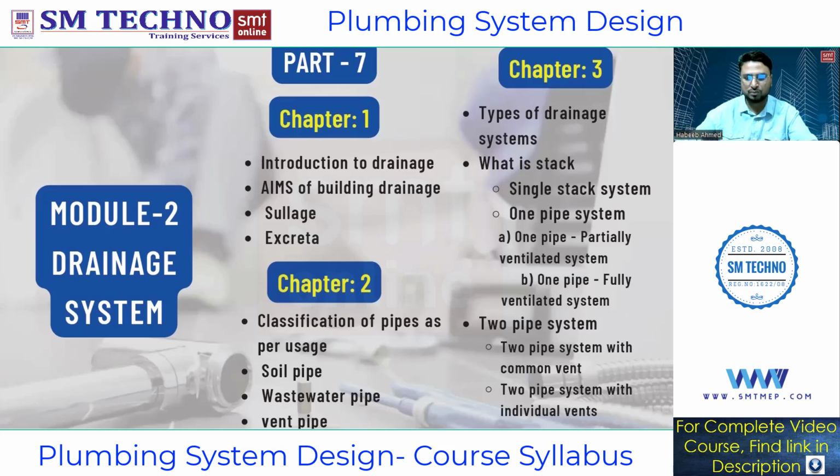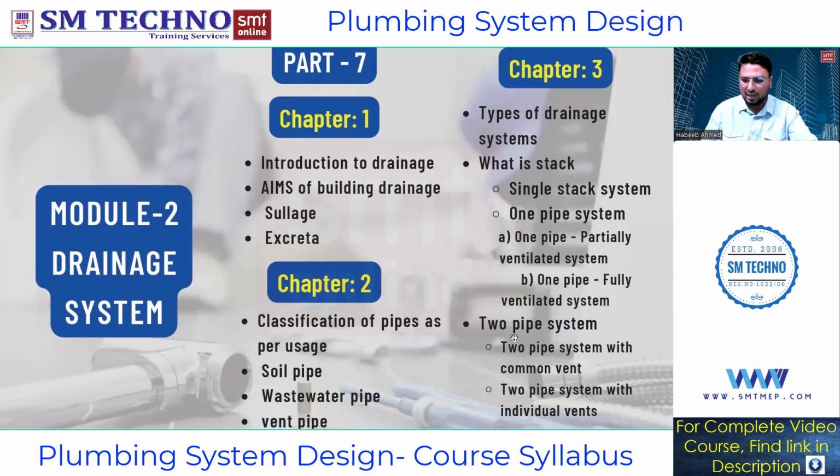Drain refers to something which is draining out or leaving from one place to another. Here there are types of drainage systems, but before that we'll give you some information. What is a stack? Under that you will get what is a single stack system, and what is one pipe. Under one pipe you have the one pipe partially ventilated system and the one pipe fully ventilated system. These are subcategories in this system.